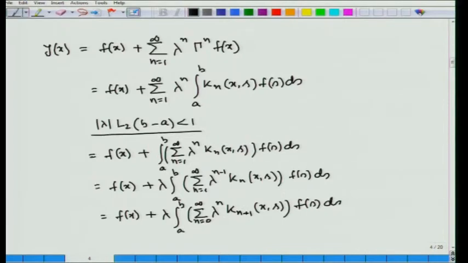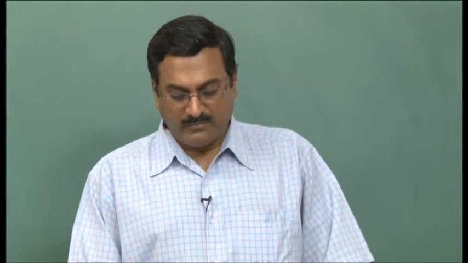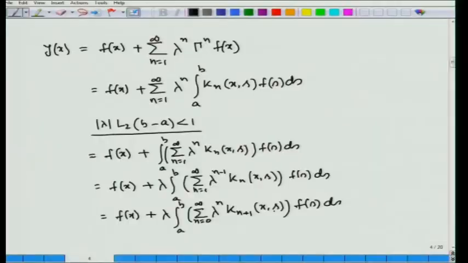So, therefore, this infinite series, that is the sum over n from 0 to infinity of lambda to the power n k(n+1)(x,s), is actually the resolvent kernel, and it is denoted by R(x,s;lambda).